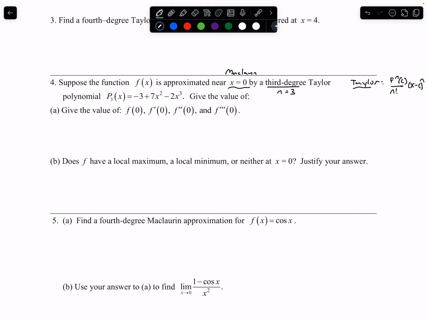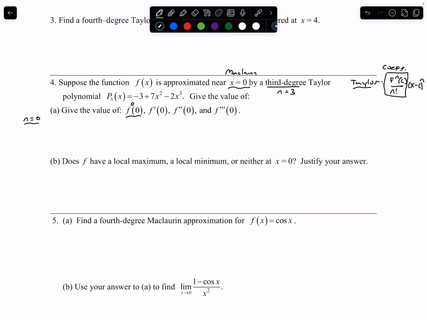All right, so the first thing they asked me to do, they want me to find the value at 0. So right up here, the value of the function at 0. So we know from our Taylor that this is f superscript 0. So they're letting us know that n has to be 0 here. And I can do this by looking at the coefficient. To find the value of the zeroth derivative, we're really looking at the coefficient part of it.